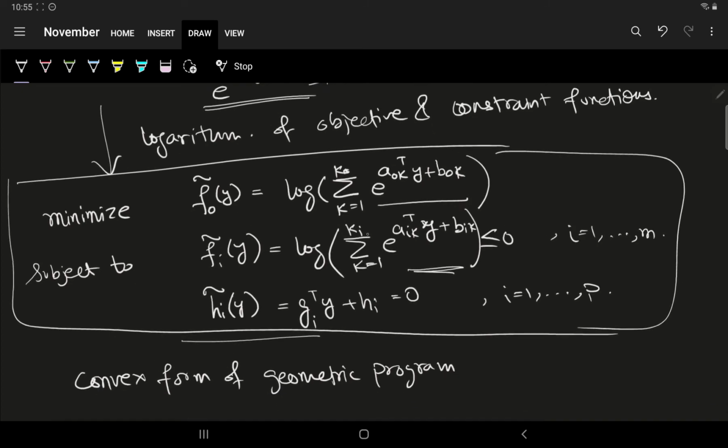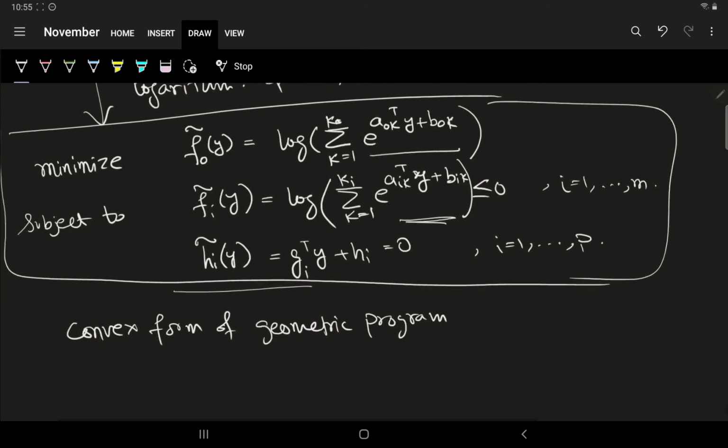So if it is not a summation, that is either k equals 1 or it is actually a monomial, then we can see that this is like an affine function, right? So then it will be actually an extension of linear program.